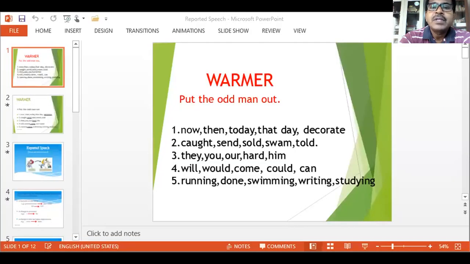We'll start with the warmer. It's a small warmer. Read the given words. There are 5 sets of words. You have to select the odd word given in each line. I will give you 2 or 3 minutes to pick up the odd word.